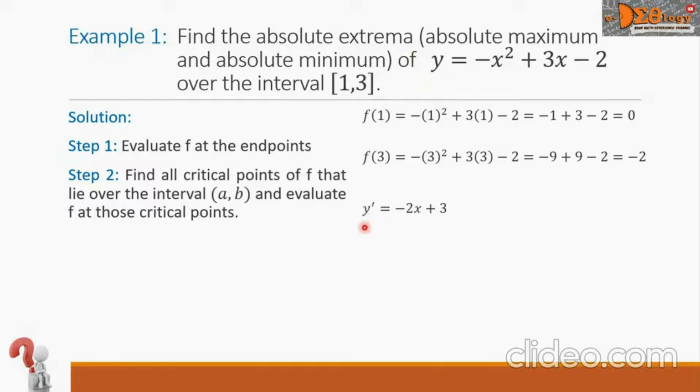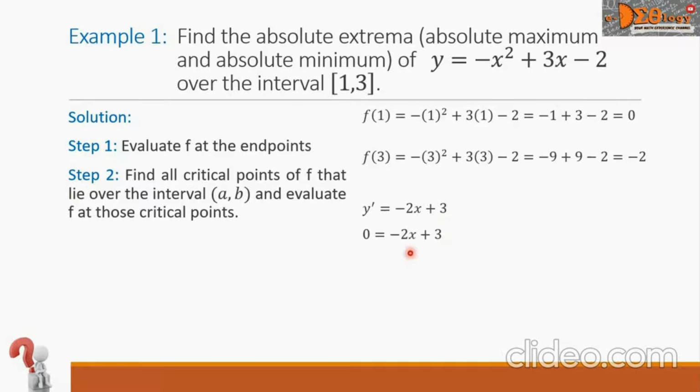So we have now y prime equals negative 2x plus 3. We can see here that our derivative is a polynomial function, so the derivative is defined in all its domain. Next, let us set y prime to 0.